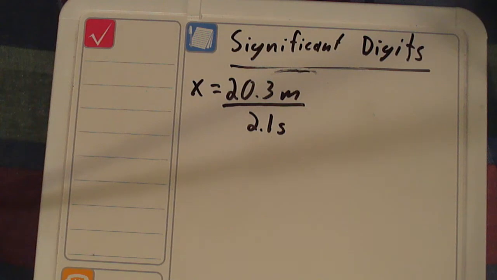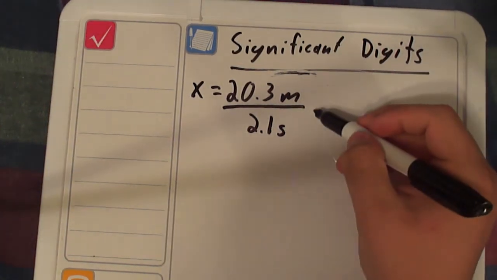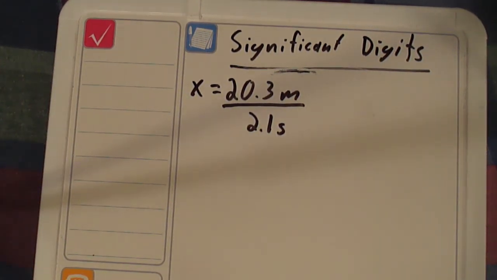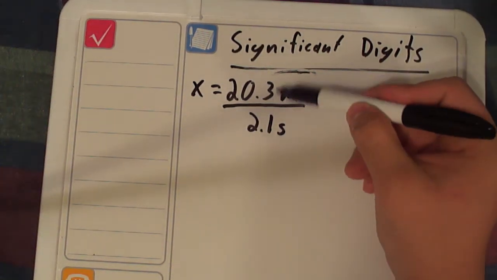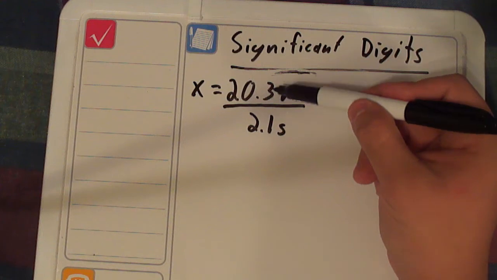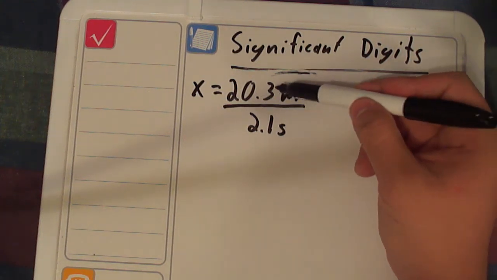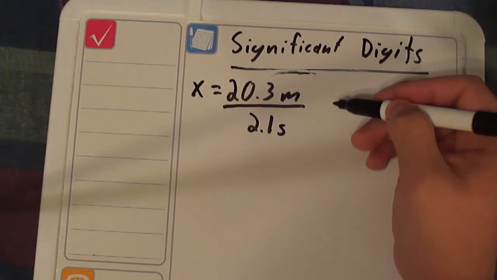Units don't matter, it's the numbers that matter. Since we're dividing, we're going to go by the least amount of digits total. As you can see, they both have 1 significant digit after the decimal. So we just do our number.